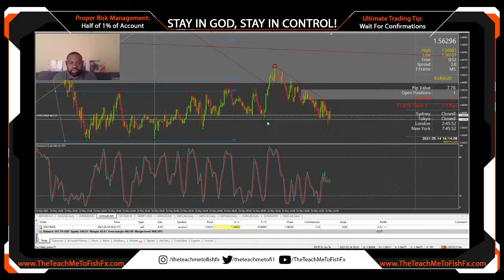These equal lows, then we got the little move just taking out those stop losses, people looking at this as a double bottom. Taking out the stop loss, shooting up, going above these highs here, taking out the liquidity here as well, and now shooting down. So I'm feeling confident about it.